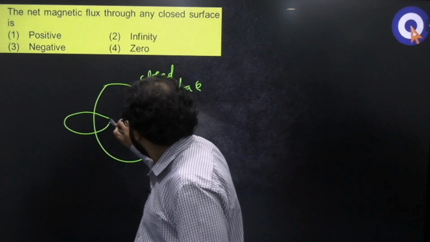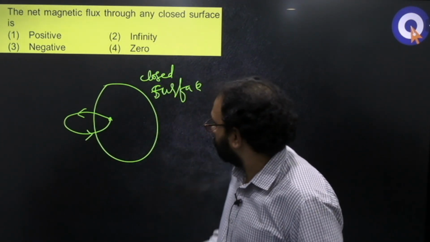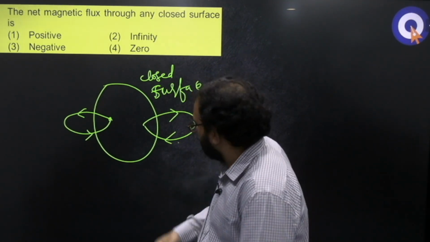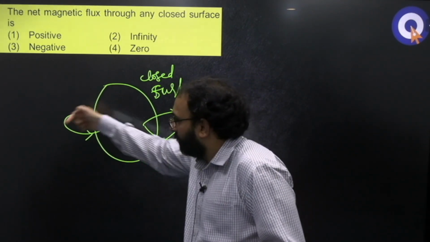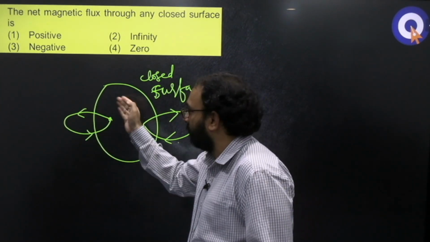Something like this. The magnetic lines of force form closed loops, which means they enter in and leave out. All the lines of force enter in and leave out.